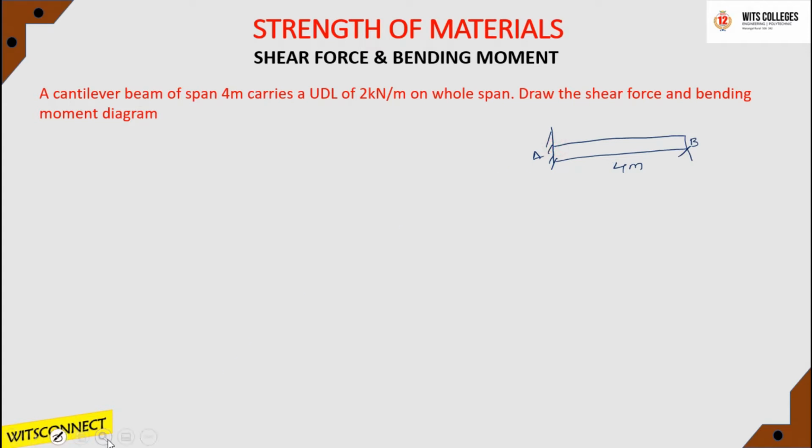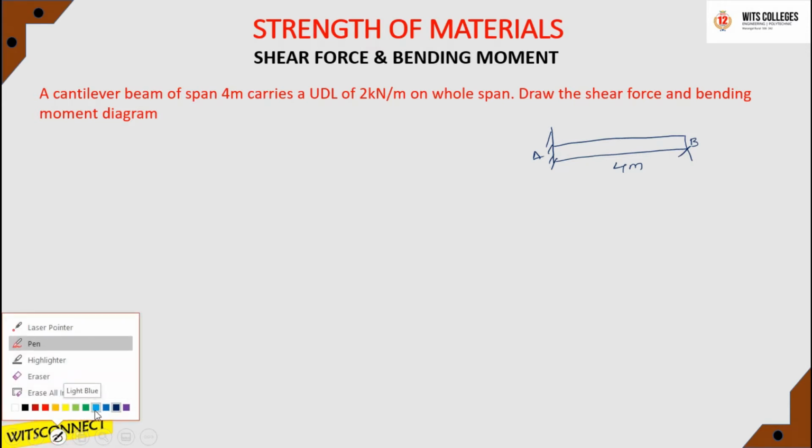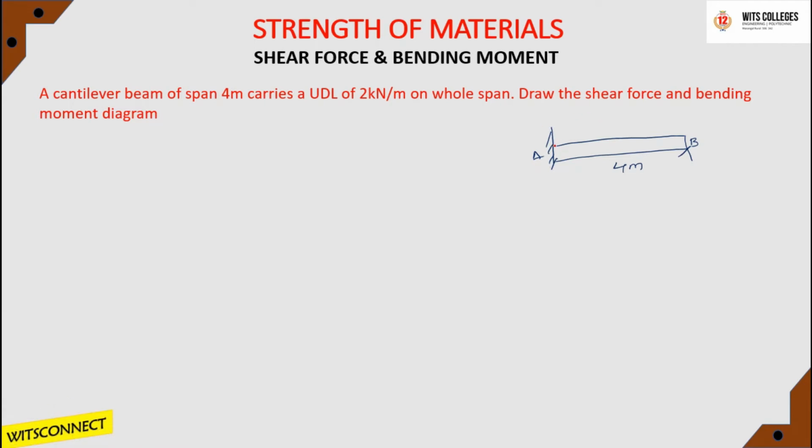The distributed load you can show like this. So this is 2 kilonewton per meter.